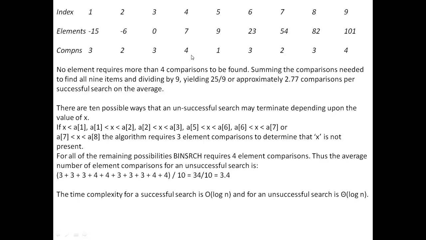If you search for a value between a of 3 and a of 4, that is between 0 and 7, say you are searching for a value 5, then it will need 4 comparisons. Similarly, if you search for a value between 4 and 5, like if you search for 8, you will need 4 comparisons.